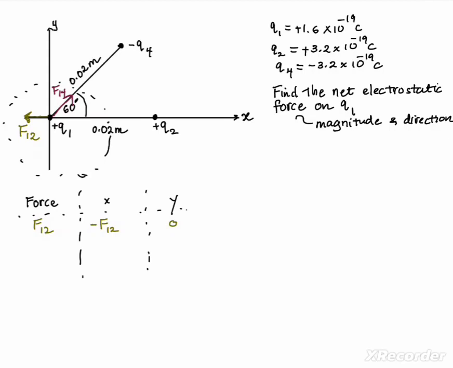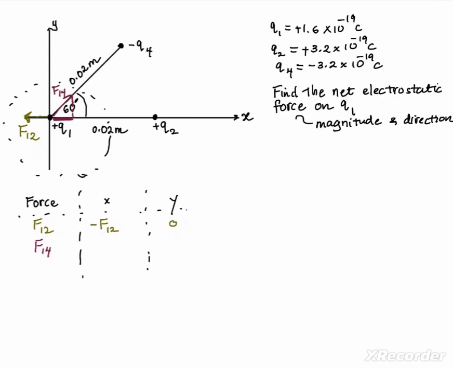And let's go to F14. So for F14, there's an x and a y component, and you see that F14 is in the first quadrant. When you look at where the arrow is starting, it's in the first quadrant. So both x and y components are positive. So if I draw a little triangle here, this would be my x component.